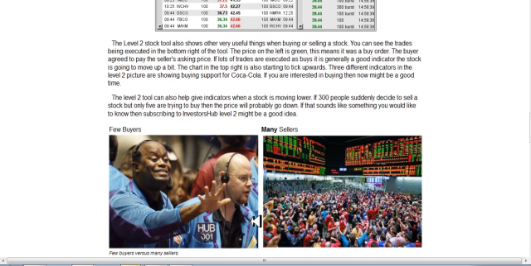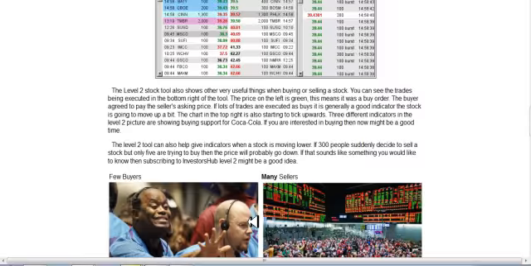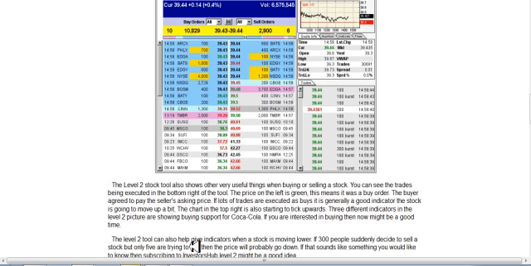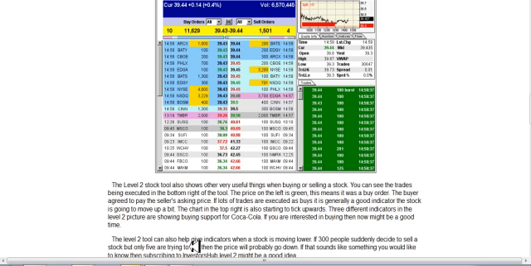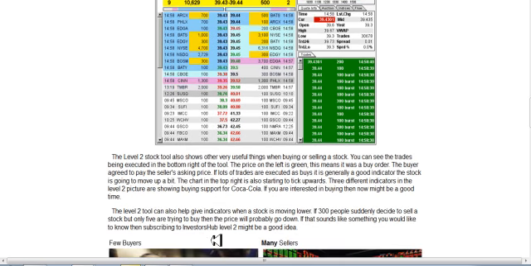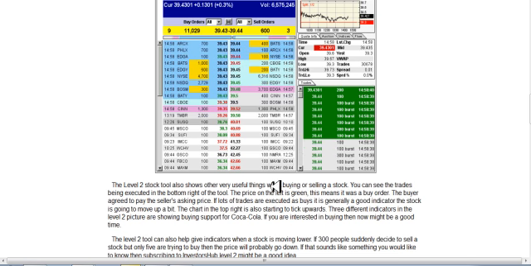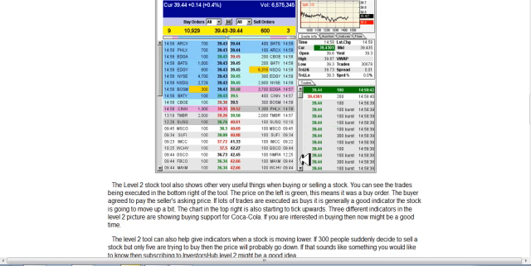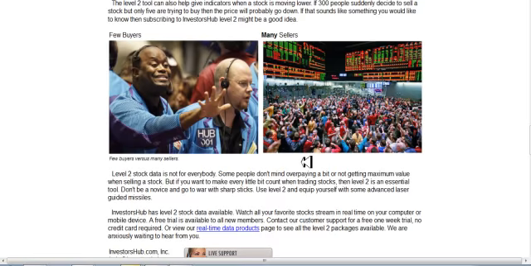Level 2 can also give you indicators when the stock is moving lower. If 300 people suddenly decide to sell the stock but only 5 are trying to buy, then the price will probably go down. And if that sounds like something you would like to know, a subscription to Investors Hub Level 2 might be a good idea. This information is vital, ladies and gentlemen, because it really gauges what's going on within the stock market.